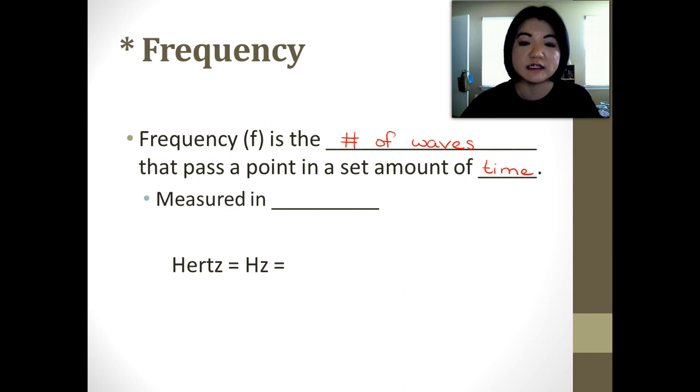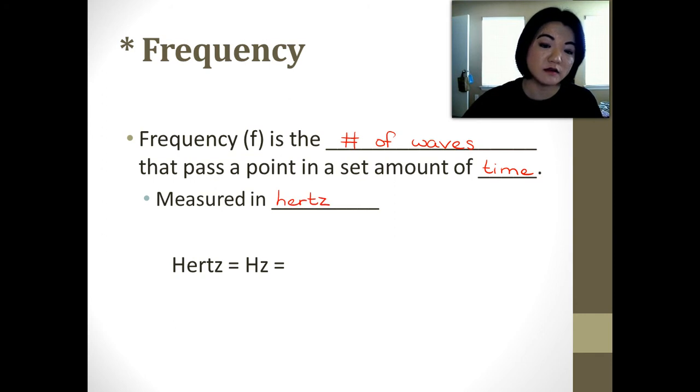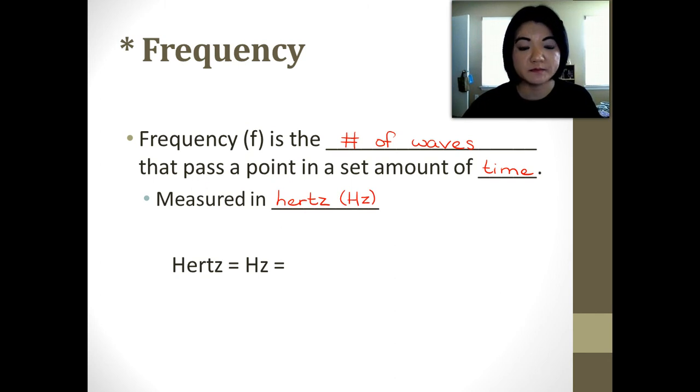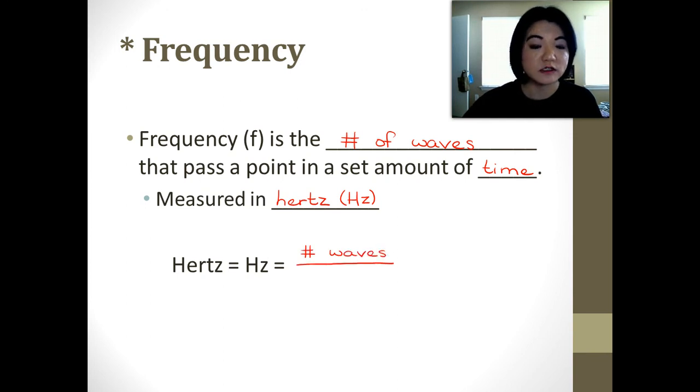This is usually measured in hertz, and we use capital H, little z, to symbolize hertz. Really, hertz is just the number of waves over seconds, so hertz is the same as 1 over seconds.